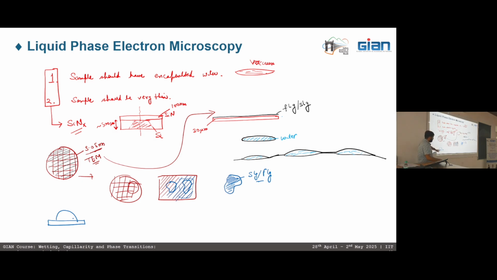And once this is formed, if you observe this inside the TEM, because of the radiolysis process, the water splits into H2 plus other free radicals and other species. And once saturation is achieved, we see nanobubbles nucleating inside these TEM grids. So this is one of the ways using which we can observe nanobubbles.